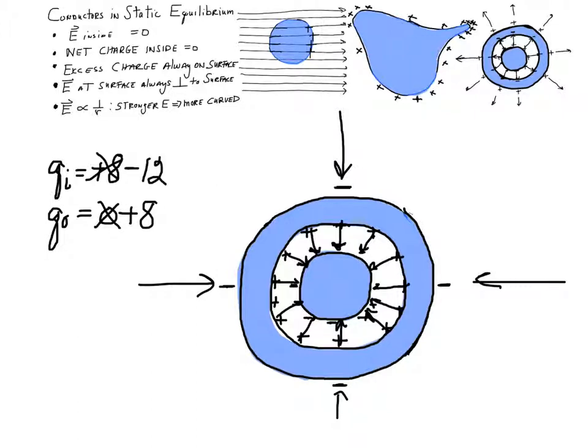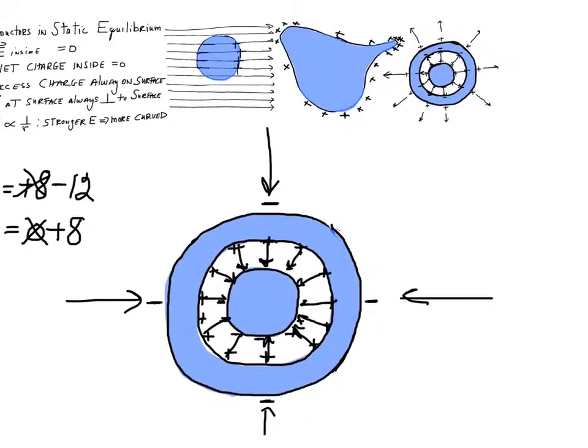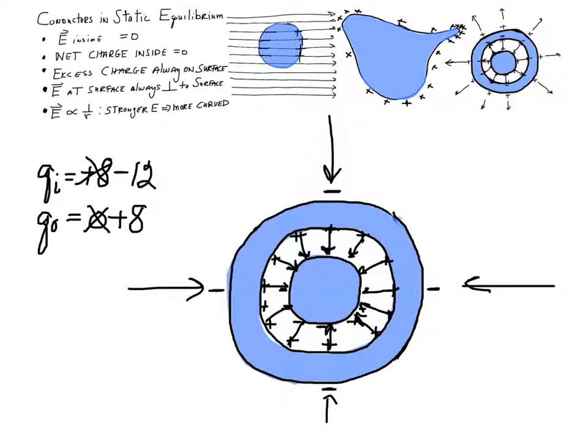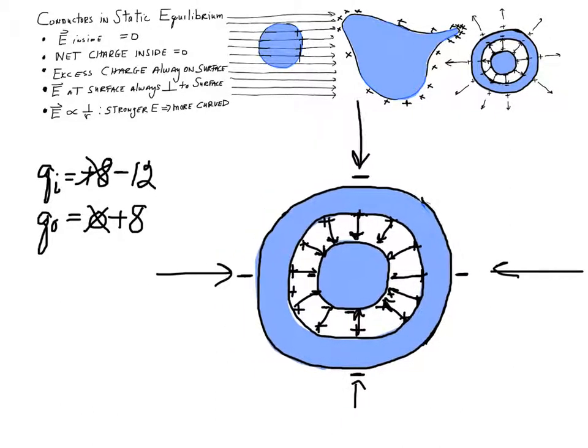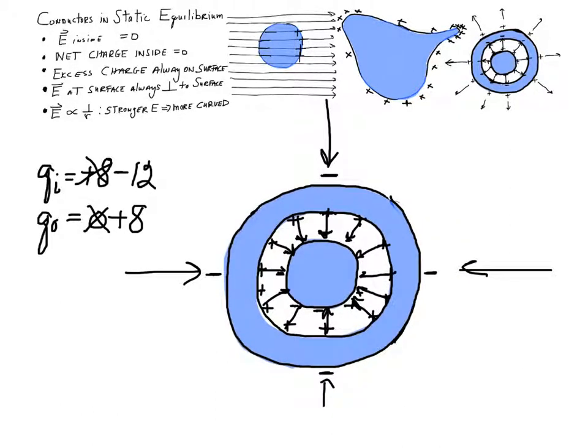So if we look at the outside conductor, we see that there are 12 positive charges here, 4 negative charges here. If we add all that together, we get our net charge of 8, which is what we put on there.